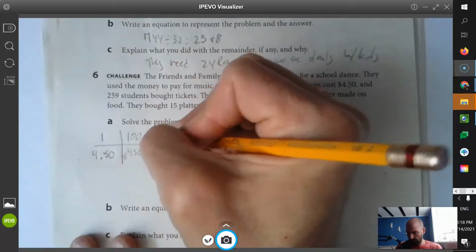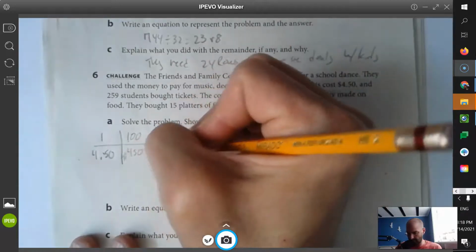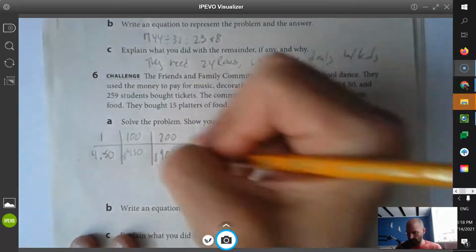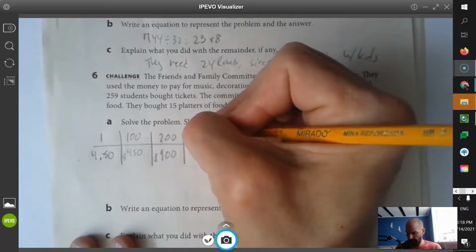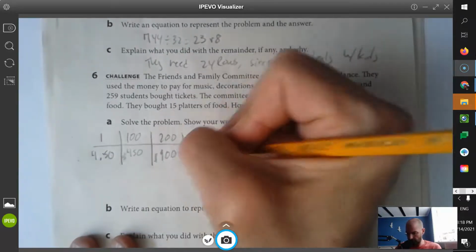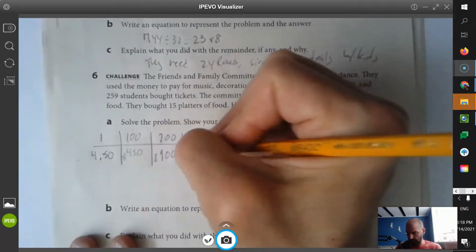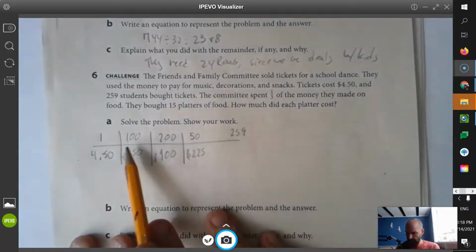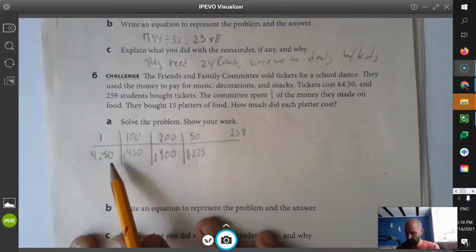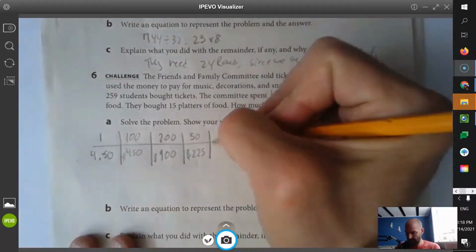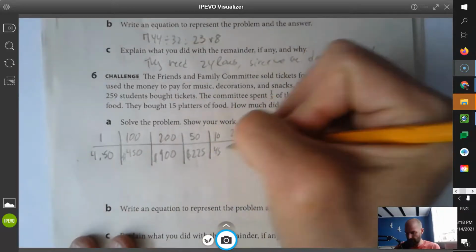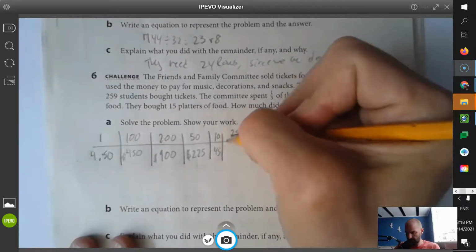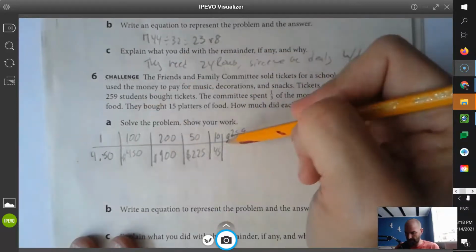I'm getting to 50. 50 tickets would be half of that, $225. And I need 9. So what? 10 is 45. So that means 9 is 450 minus that, which is $40.50.